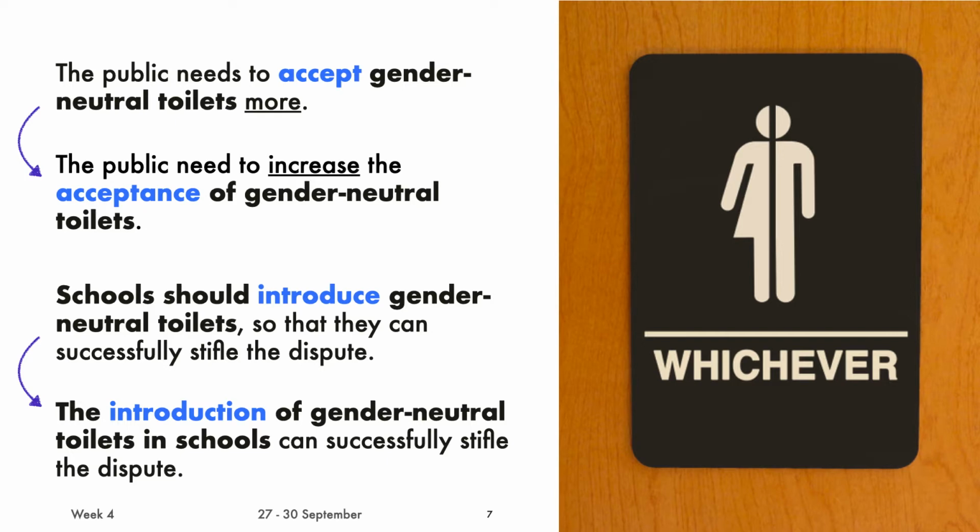By shorter we mean we are using fewer verbs, as introduce has become introduction, and all that's left is the main verb stifle. You are combining two shorter sentences or clauses into just one, so as to make your writing more concise, more condensed, cleaner.